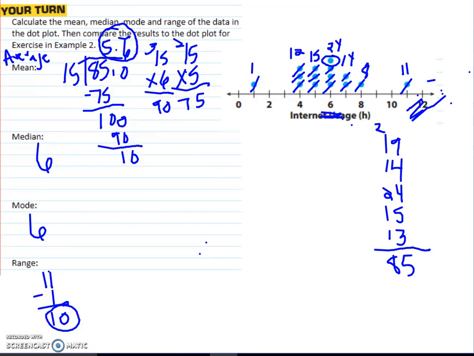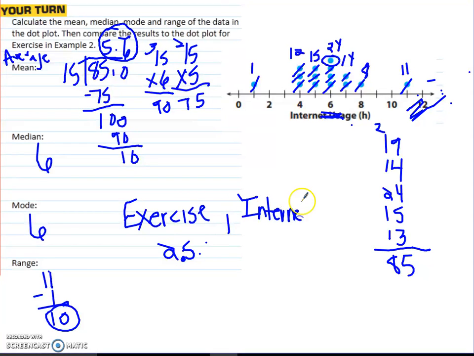So I would say that we would spend less time exercising at 2.5 hours. Then we would spend in the middle on the internet at 6 hours, and then the most amount of time at video games at 9 hours.